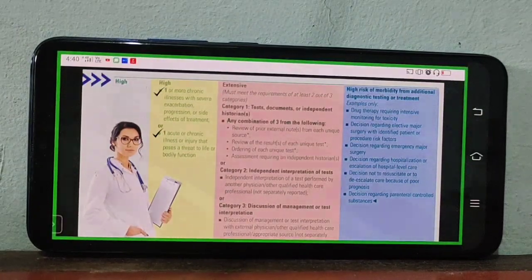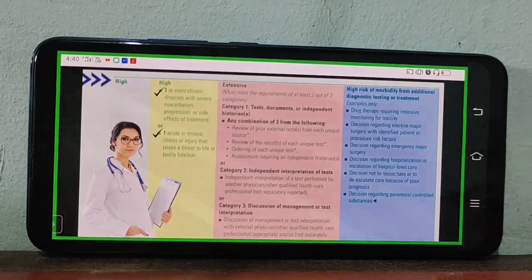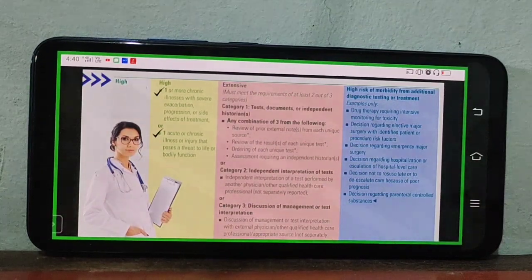Then the second point, major surgery discussed. The major surgery is identified with the patient and the risk factor is also discussed with the patient. Okay. So the patient does not have a family. So in that case, the doctor wants to discuss the risk factor with the patient only.